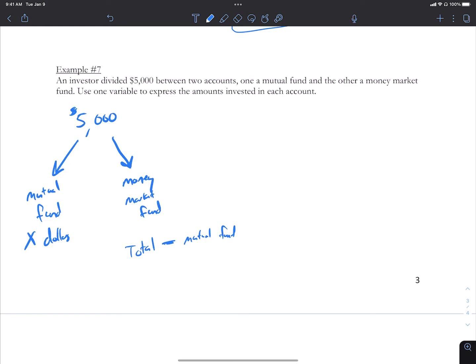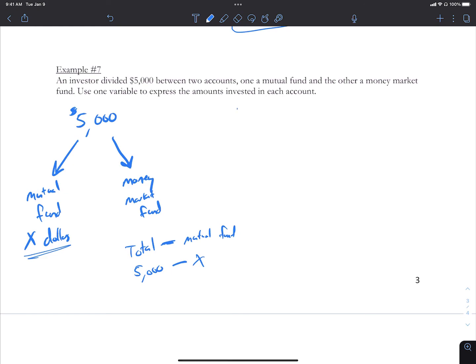I'm putting all this money, the total, into one of these two accounts. So I could write this symbolically. The total we know is 5,000, and for the mutual fund I'm putting X dollars, so that would be 5,000 minus X.